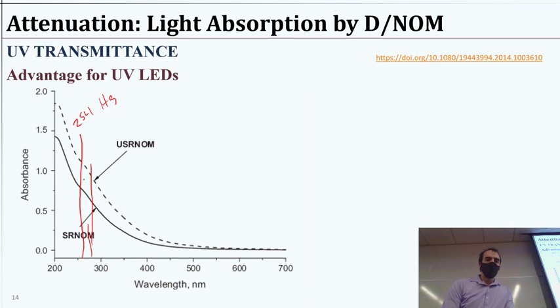You can see that difference between this much absorption versus this much, and depending on what type of organic matter you've got, that can actually be a pretty good improvement in efficiency, just because you're having more light transmission through the system. So I expect that's going to be another advantage realized by UV LEDs.